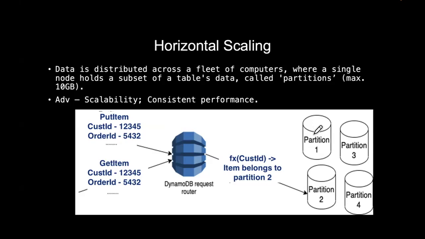So anyway, a table is automatically broken up into partitions. This has got nothing to do with replication now. So it's broken up into partitions, and as your table grows, DynamoDB will start adding more and more partitions automatically behind the scenes.